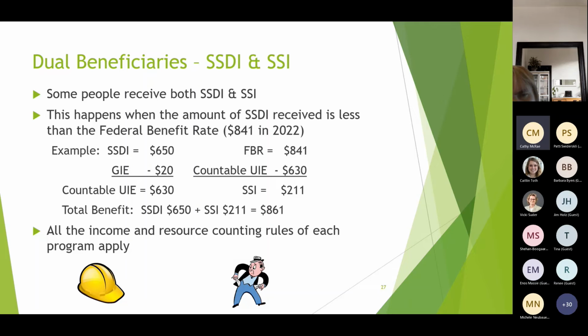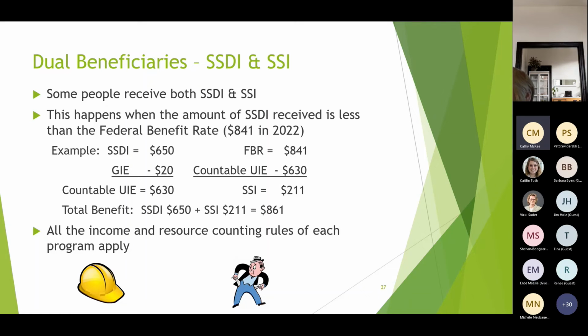We have somebody who's getting $650 in SSDI. They take the general income exclusion off of that, $20. So they have countable unearned income of $630. Then we have the federal benefit rate, which is $841. They subtract the unearned income from that amount, leaving them with an SSI check of $211.